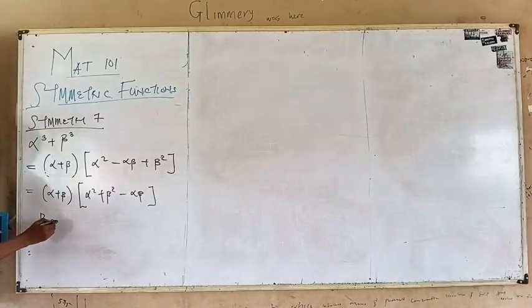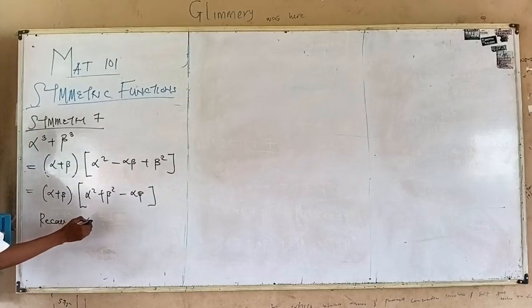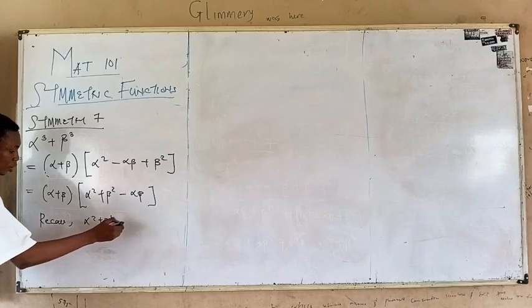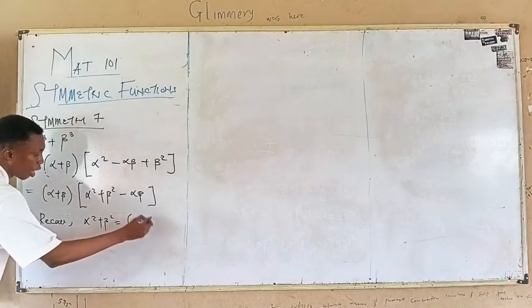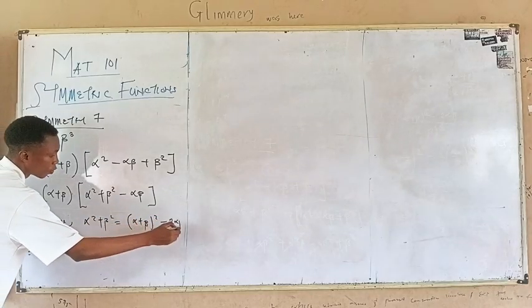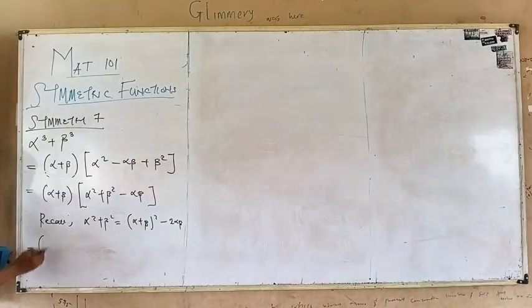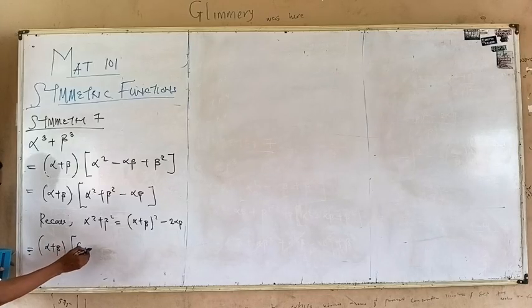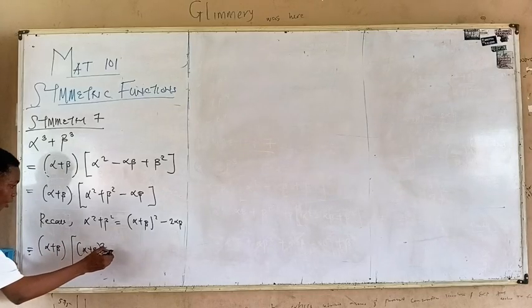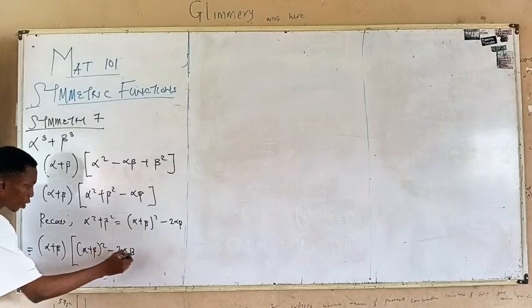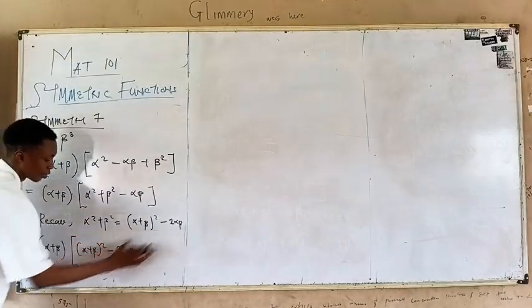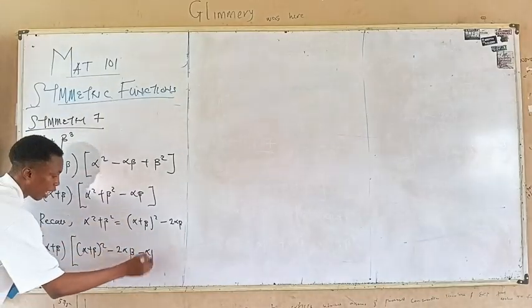Recall that alpha square plus beta square is what? Alpha plus beta all square minus 2 alpha beta. So when we put this inside this, what do we have? Alpha plus beta all square minus 2 alpha beta, then minus alpha beta.